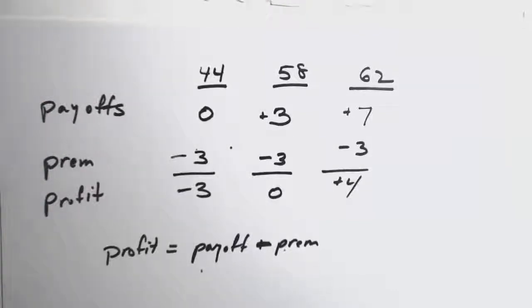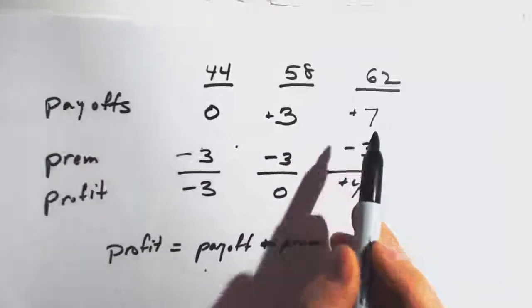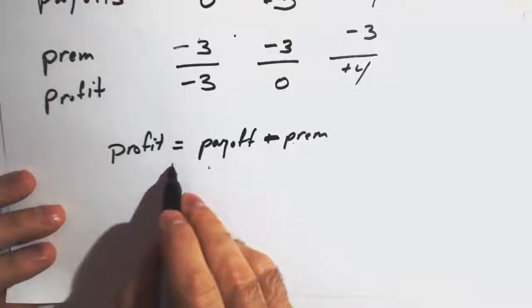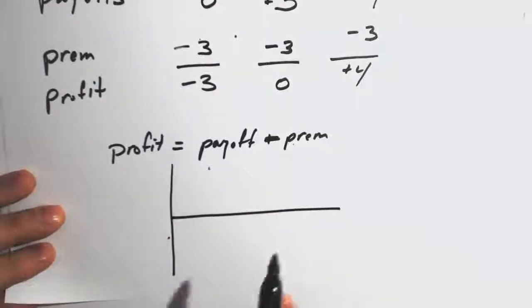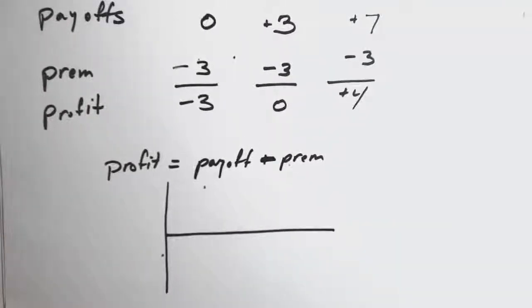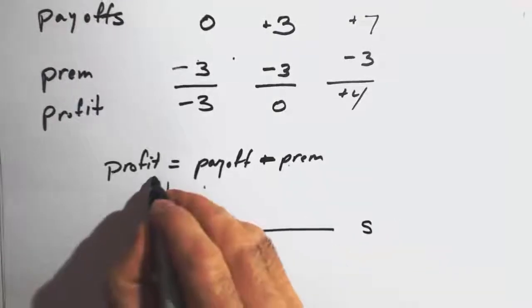So here we have, again, a long call. Let's graph this relationship. You're going to draw a sideways T. Just as I tell students in classes on these option positions, you do this part blindly, without even thinking.